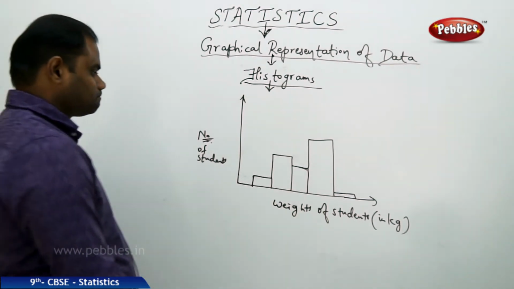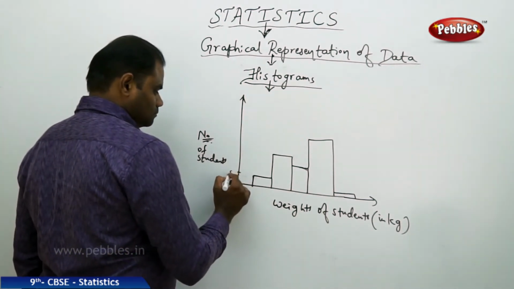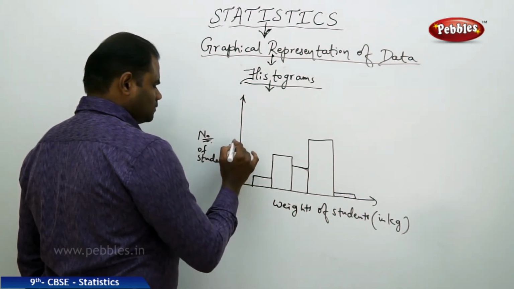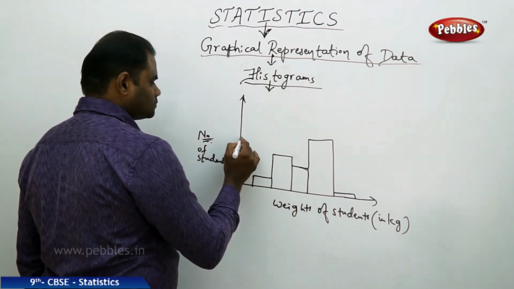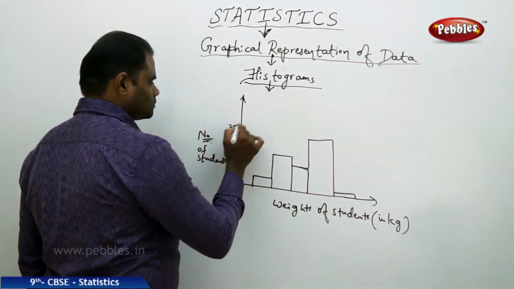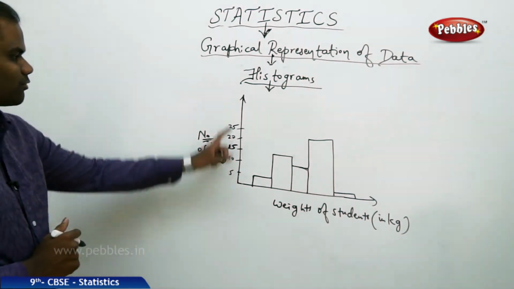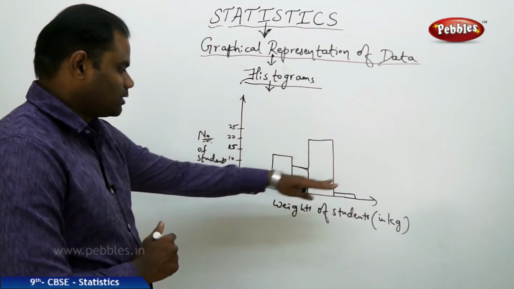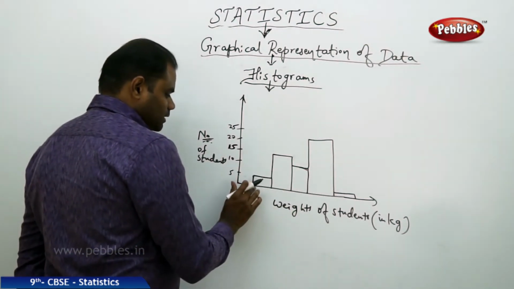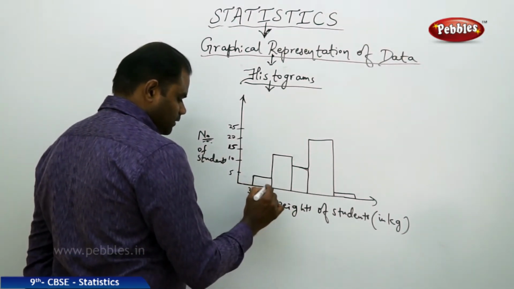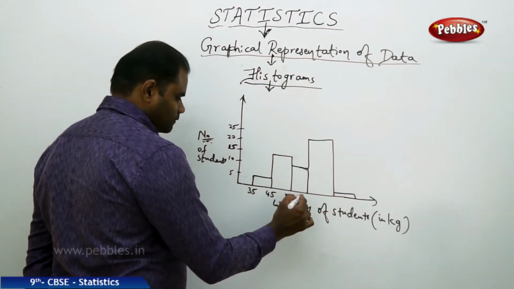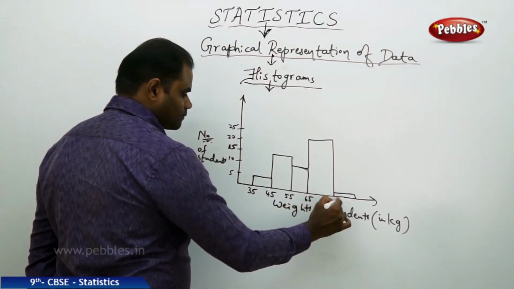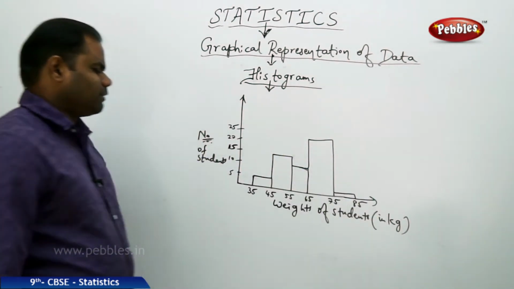In a class of 25 students, I want to take the weights of students in kilograms on the x-axis in such a manner that I start from 35, 45, up to 85.